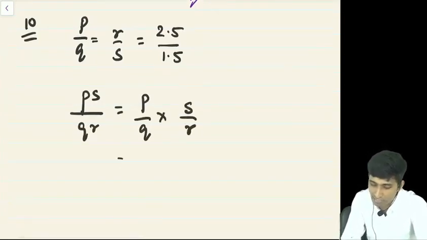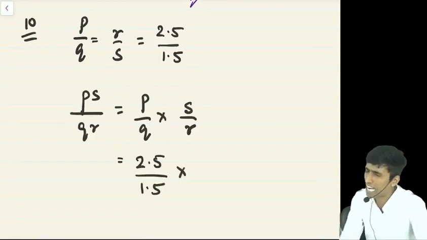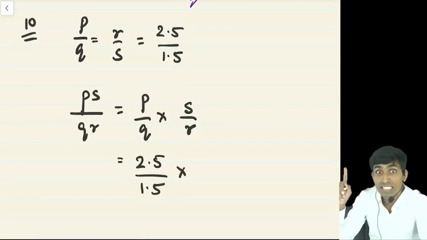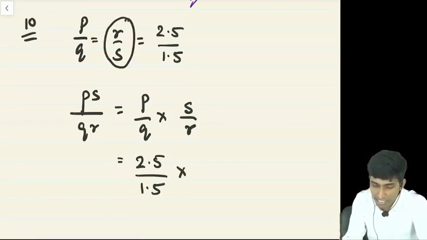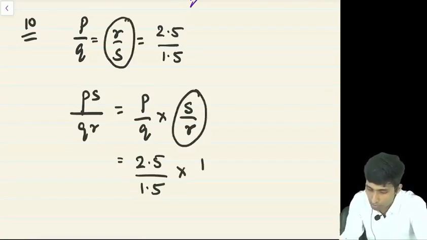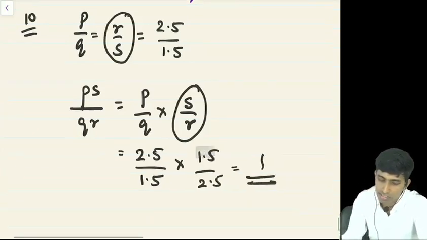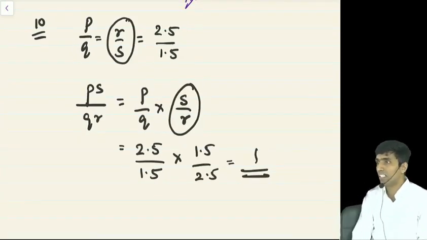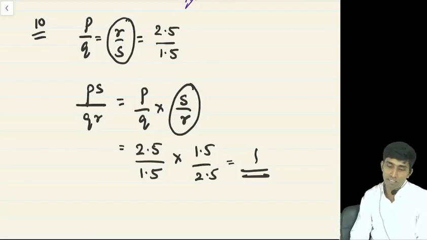P by Q, is it available? Yes, 2.5 by 1.5. Is R by S available? R by S is available, but what I want is S by R. So what will I have to do? Have we done this yesterday? See, here it is given, and here I want the reciprocal. So 1.5 by 2.5. Simple. Clear, no? Unnecessarily you're stressing out. It's so simple.